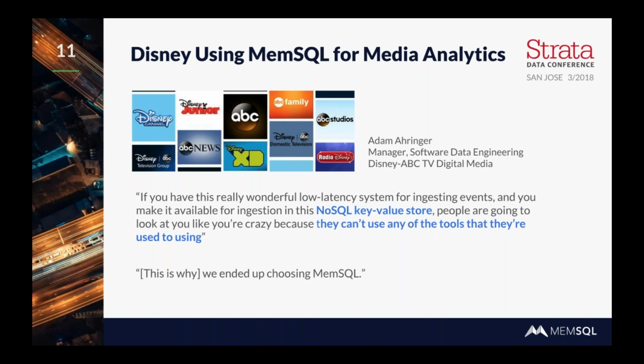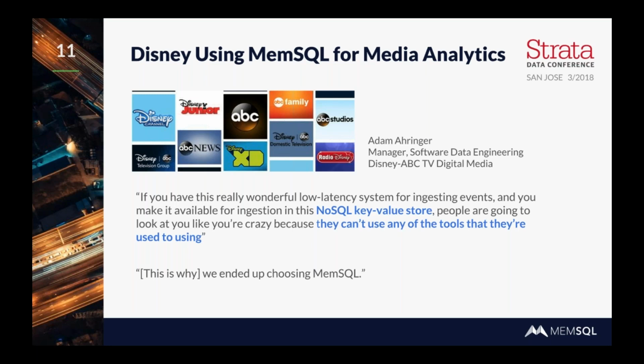So Disney had the need to be able to measure how well their streaming media was doing. They wanted to be able to tell in real time if there were any problems with the quality and reliability of their streaming media, so they could fix it for the users before they even saw the problem. This meant they had to be able to bring in an enormous amount of data very quickly, analyze it, and then act on the results.